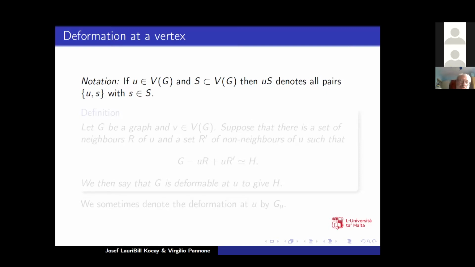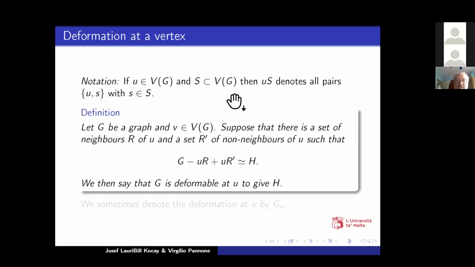What is going to happen most of the time is that they will be edges and they will be replaced by another US prime, where S prime are not neighbors of U. But anyway, let's see the definition.